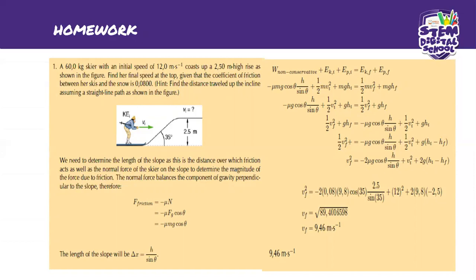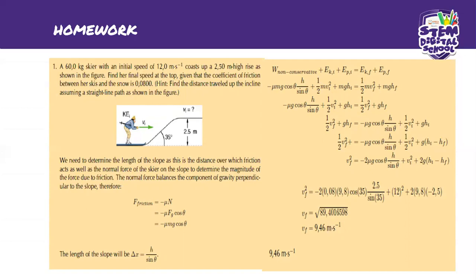You need to know work conservative, which is minus change in potential energy. These are formulas that you must know, and what's good is that you can write them down and see if you can memorize them, because every problem requires either one of the formulas or a mixture of all the work that we've done since we started this chapter.